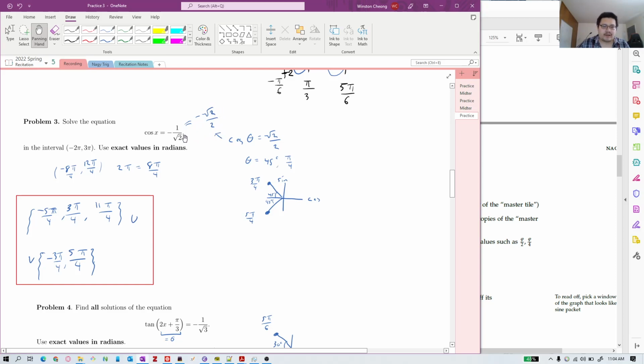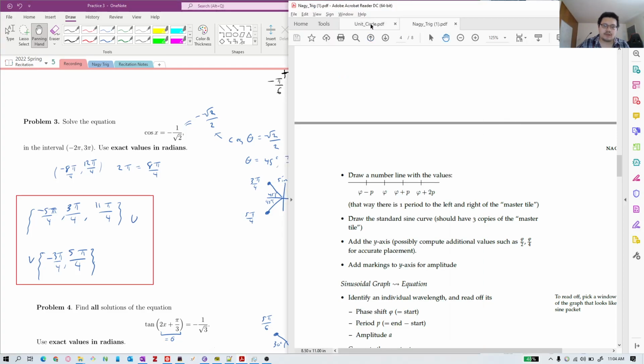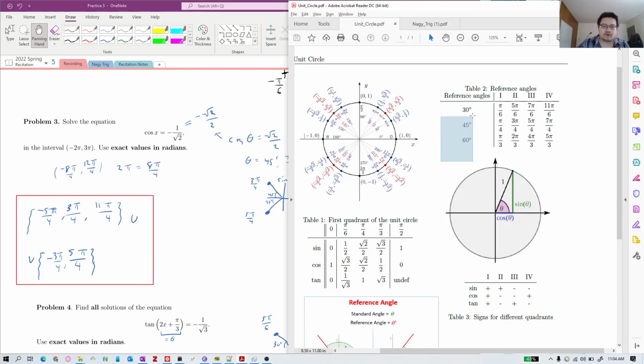Okay, now how do you solve this trig equation? Well, what you should do is first ignore the sign. Think about, when does cosine of some angle theta give you the value root 2 over 2 back? And this is going to require that you know your unit circle well enough.